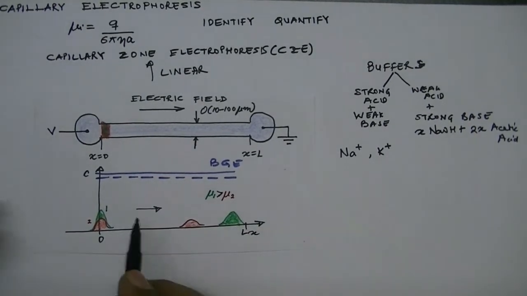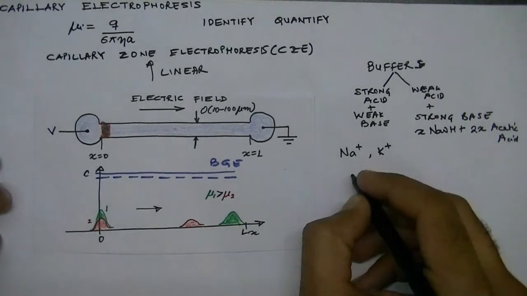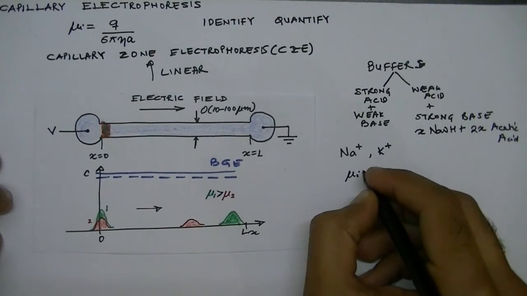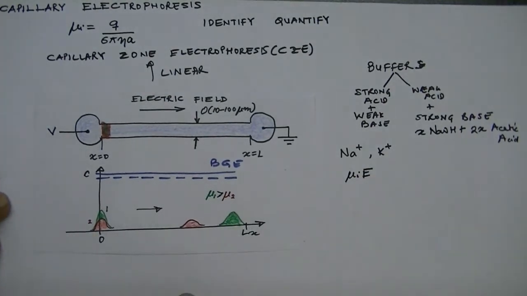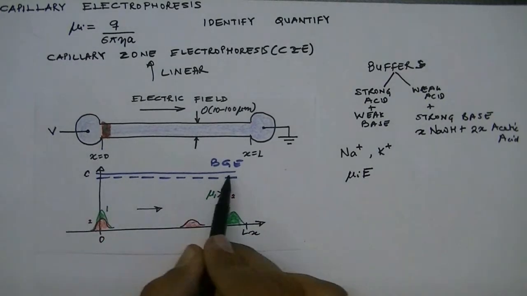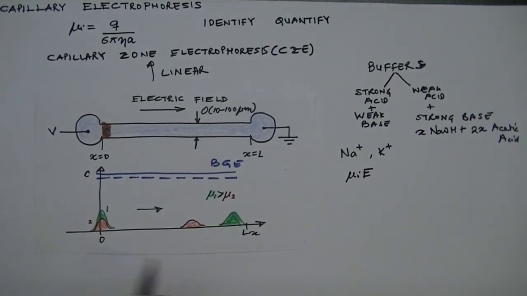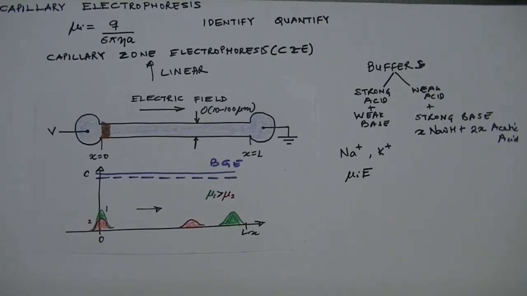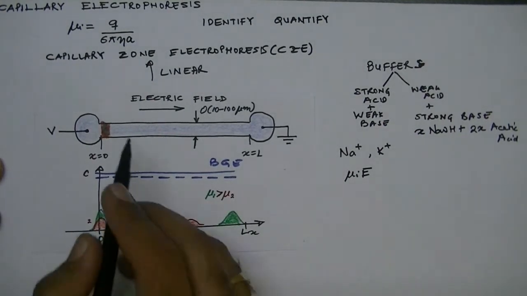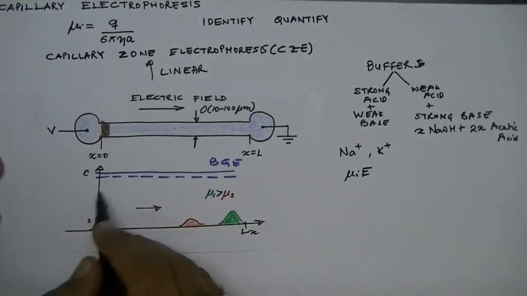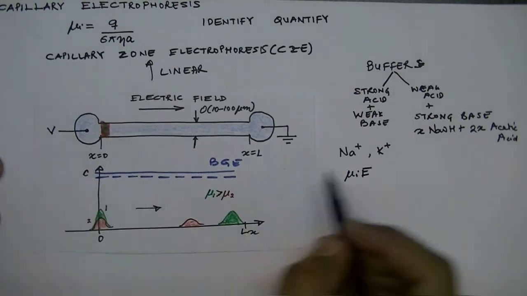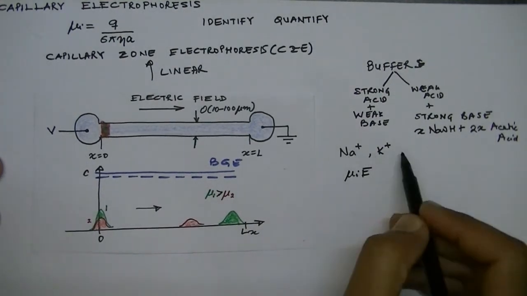That means the speed of these ions, which is the mobility of the ith species times the electric field, remains constant throughout the process, and that's why we choose a high concentration of background electrolyte. Otherwise the process can become non-linear.